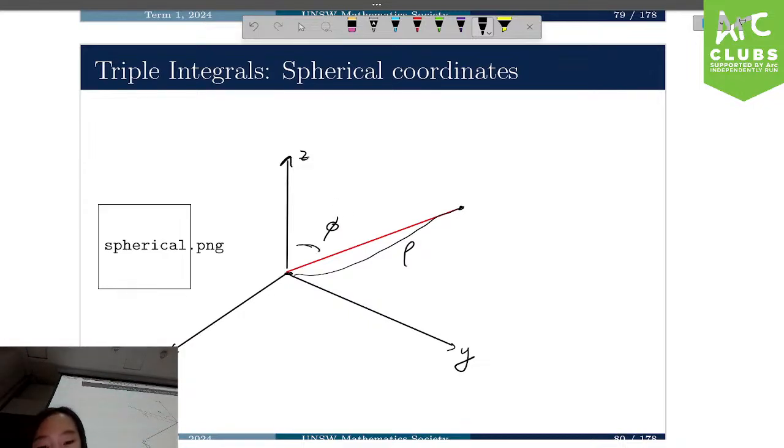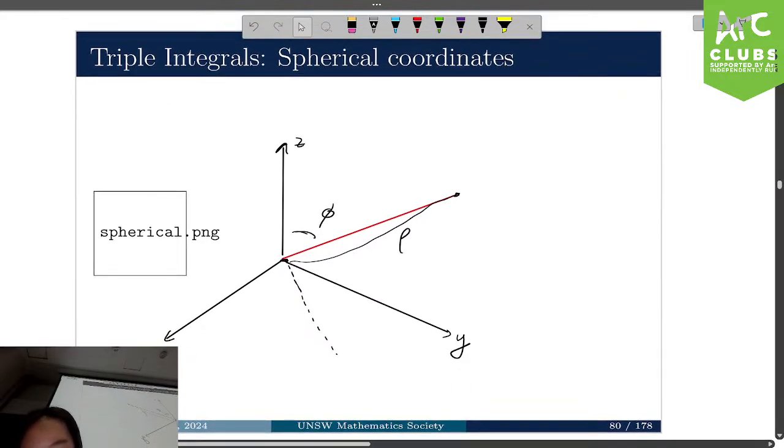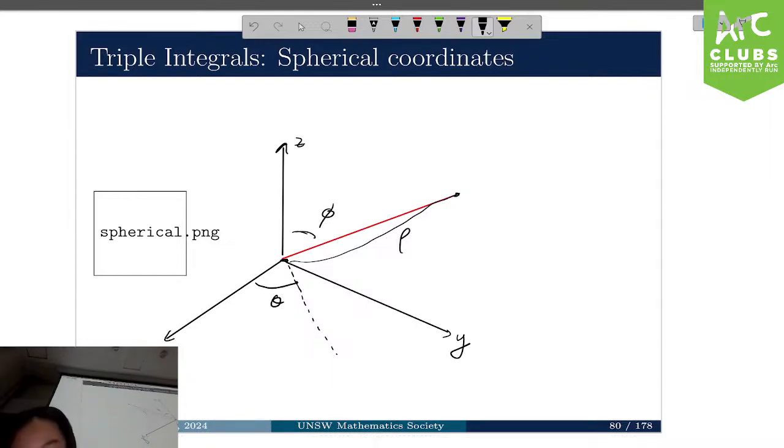This is our phi. Imagine this line has a projection on the xy plane, and the angle between this projection line and the x axis is our theta. So ultimately we have three variables: phi, rho, and theta.